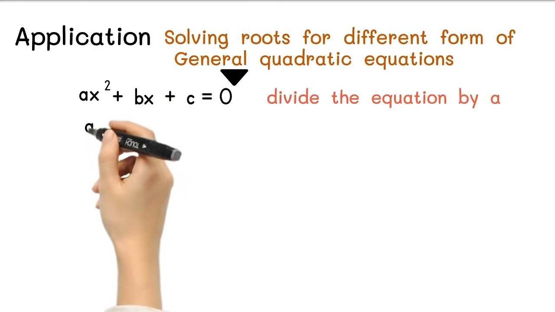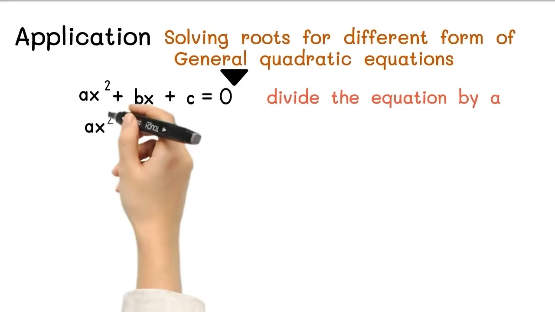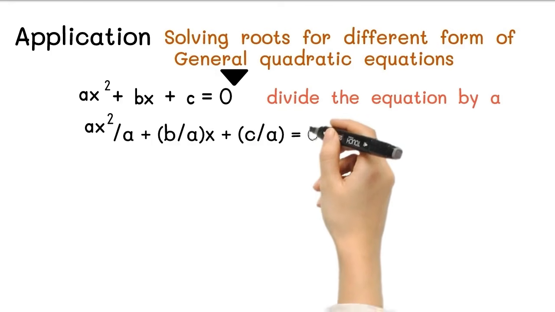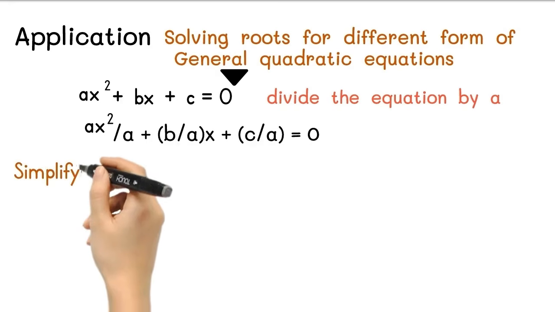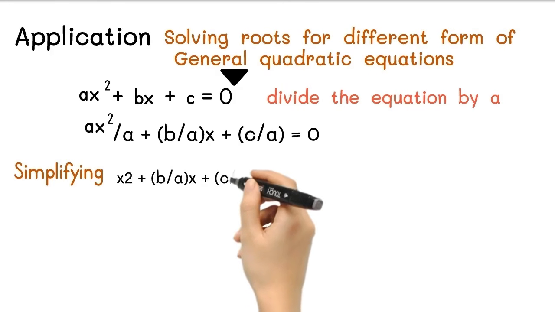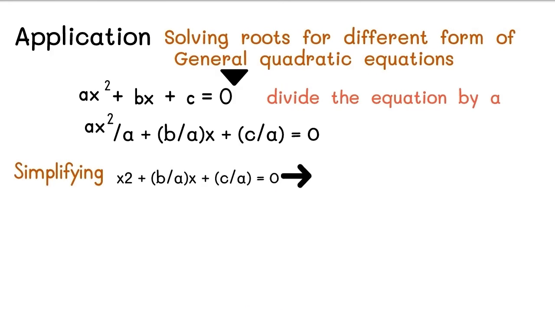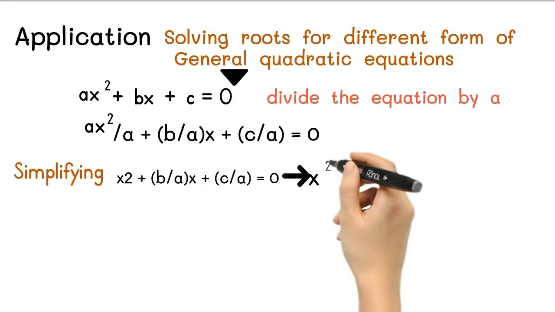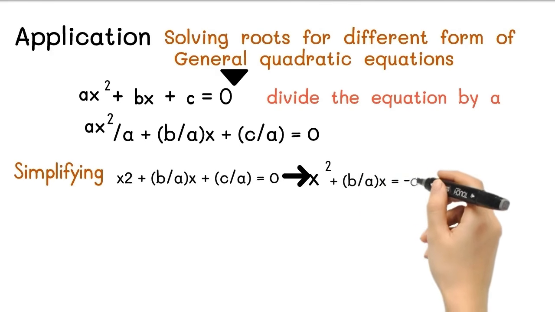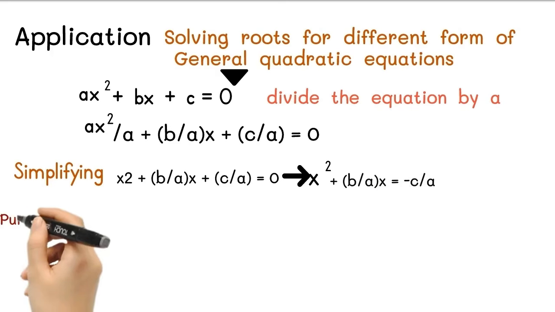We get ax square upon a plus bx upon a plus c upon a equals 0. After simplifying, we get x square plus bx upon a plus c upon a equals 0. That means x square plus b upon a into x equals minus c upon a.